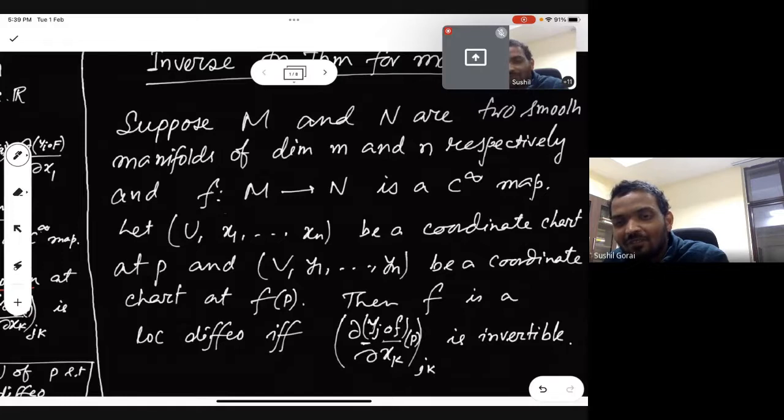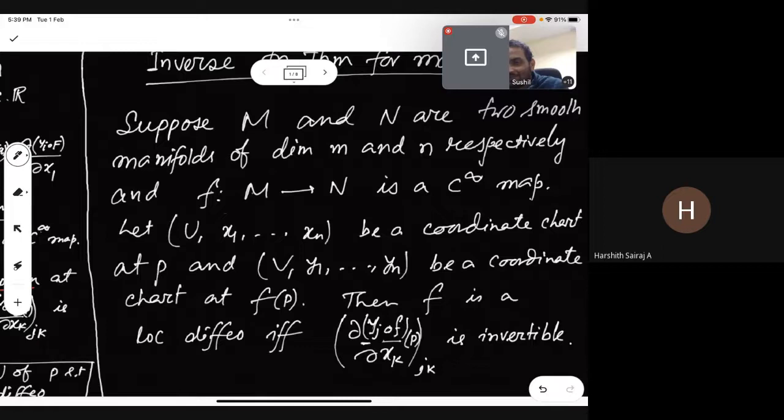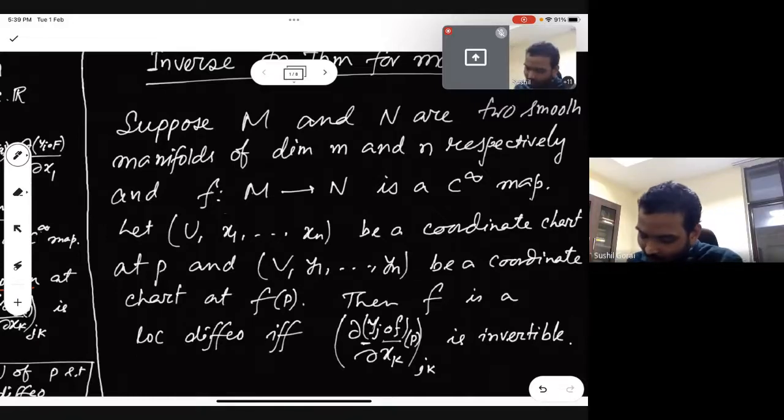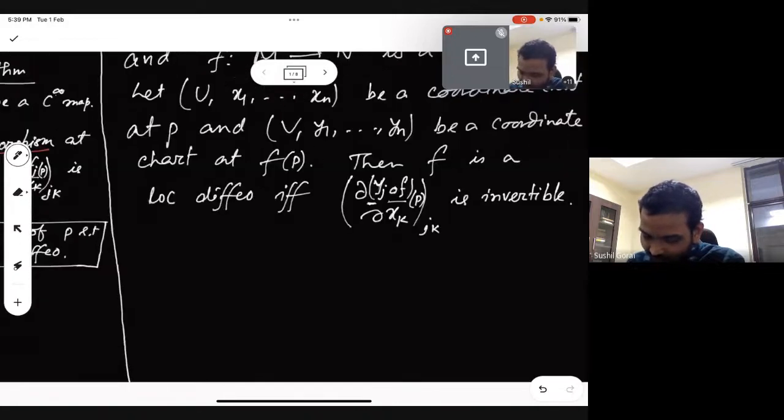Can anybody suggest a proof? Because it's a C-infinity map, we have the composition phi inverse, f and then psi, going the whole way around, that should be C-infinity. Then we look at that matrix from Rn to Rn and tell it's invertible, and then apply the inverse function theorem of the real case. That is true. So we need to look at what matrix we are basically looking at, to prove.